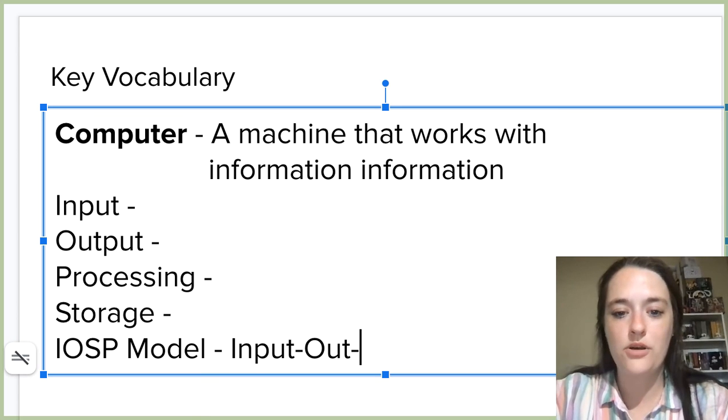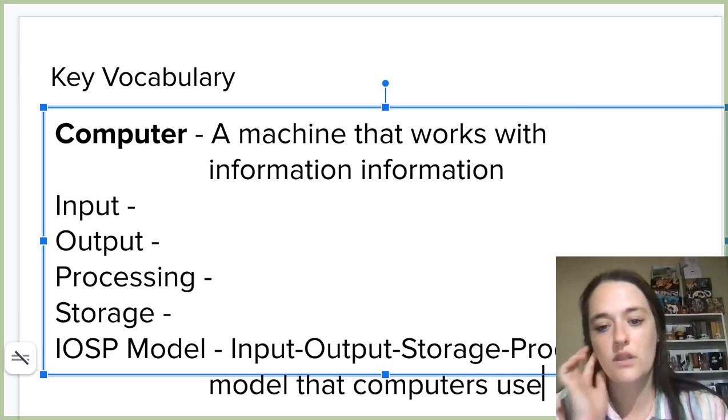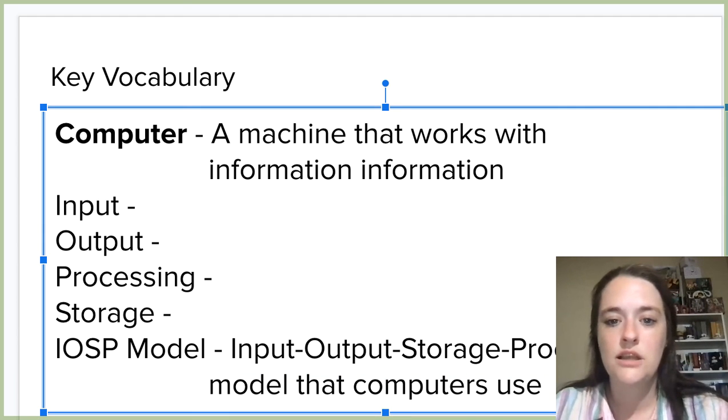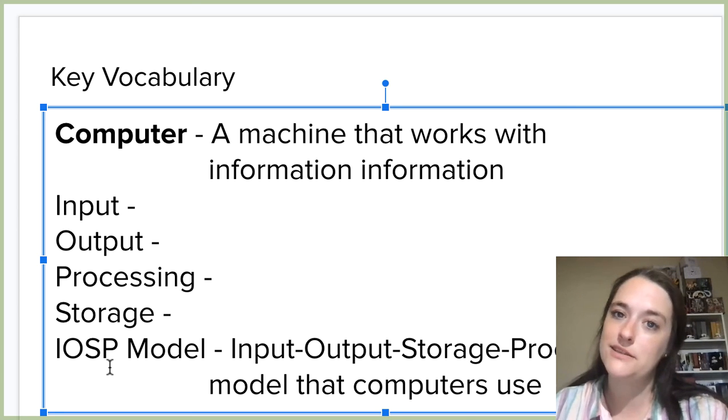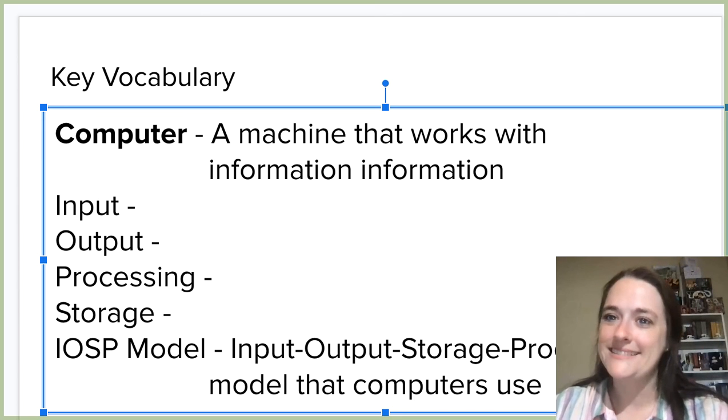Input, output, storage, processing model that computers use. So, also add that. It's not technically part of your vocabulary, but now you know what the IOSP model is, so if I talk about it in another video, it'll be helpful for you to have that little bit of information. And that's the end of today's lesson.